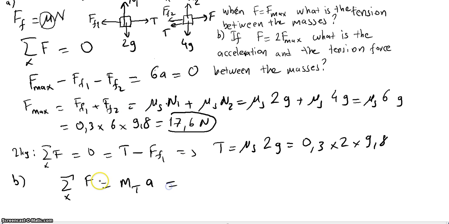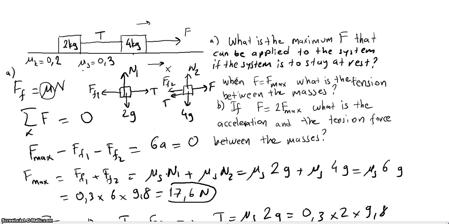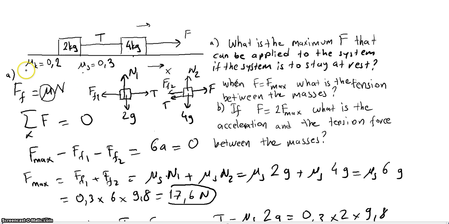So let's write down these forces. The external force is 2 times F max, minus the frictional forces, but this time the frictional forces are calculated using the coefficient of kinetic friction, because the system is in motion. Whenever the masses are in motion, the frictional forces are calculated using the coefficient of kinetic friction.